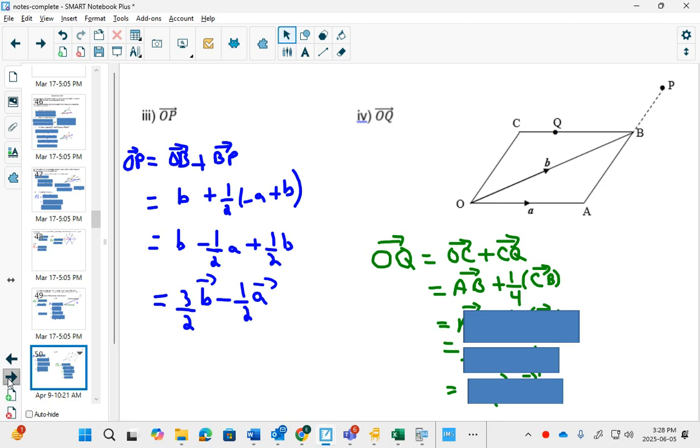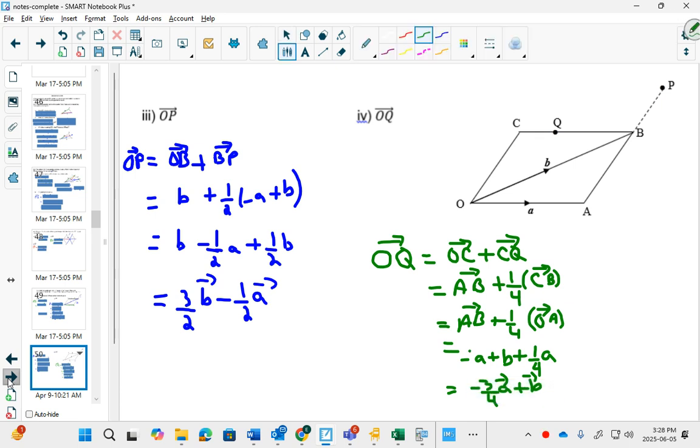So whatever O to C is was the same instructions you would tell your robot to go from A to B. And we already know A to B, and C to B is the same as O to A. So we do some weird switching here, but it makes us substitute into our vectors even faster. And it says if you went 3/4 of A plus B you would get from O negative 3/4 of A.